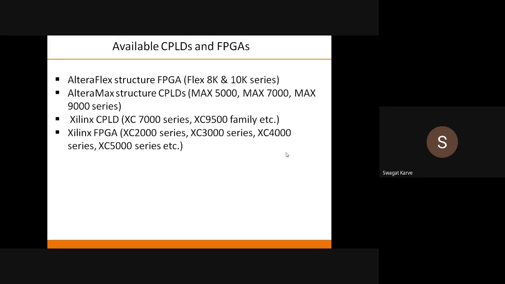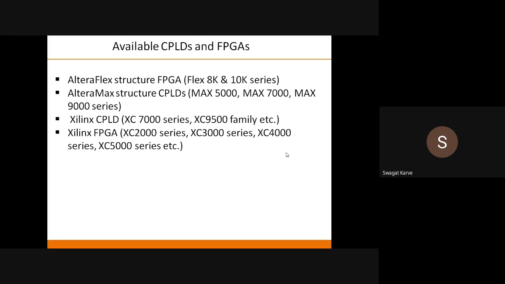Then when you come to Xilinx, Xilinx also has manufactured a number of CPLDs and FPGAs, XC7000 series, XC9500 family. So these are the CPLDs manufactured by Xilinx. Again, you have XC2000, XC3000, XC4000, XC5000 series. These are the well-known FPGAs manufactured by Xilinx.